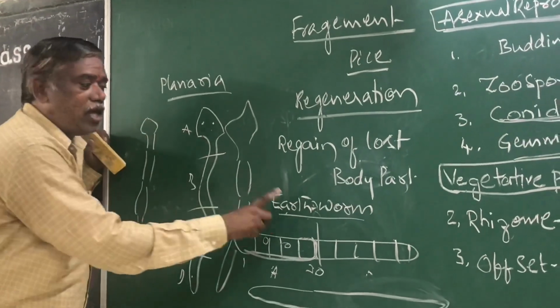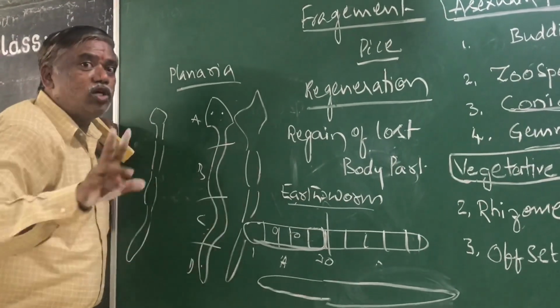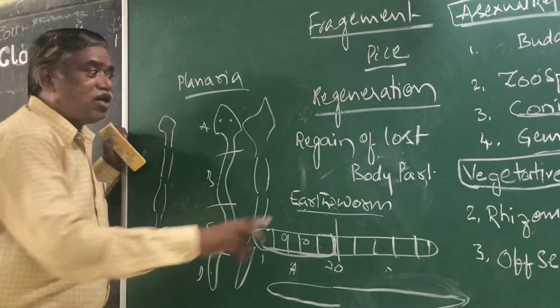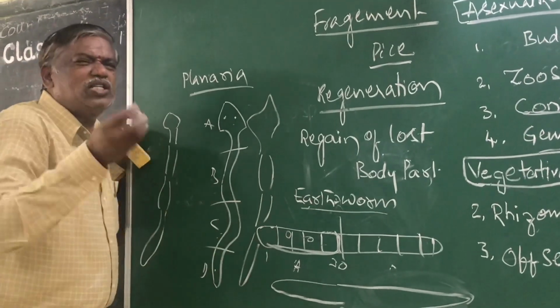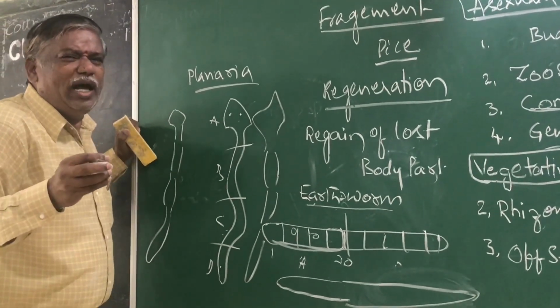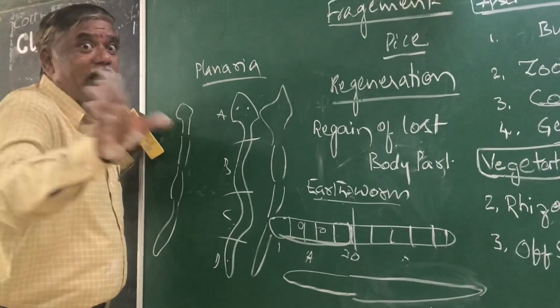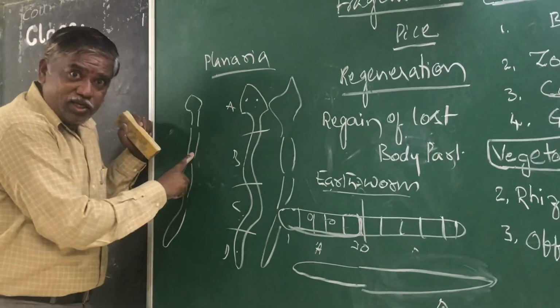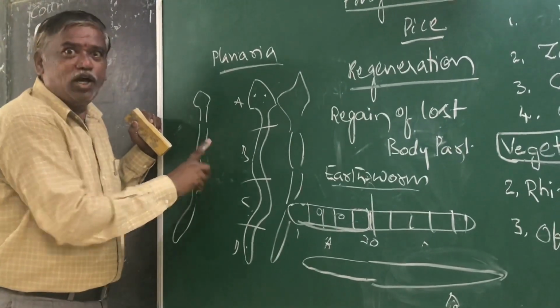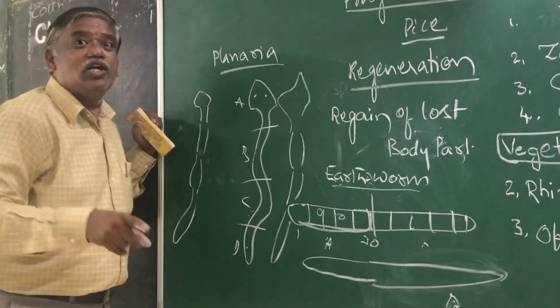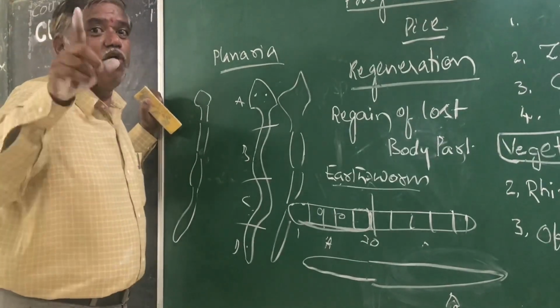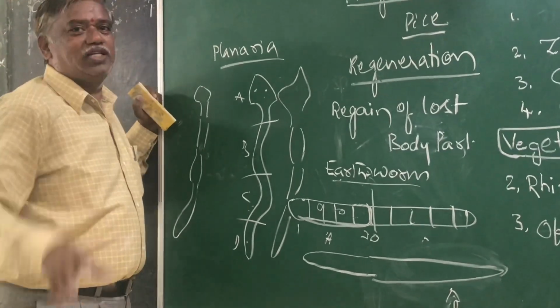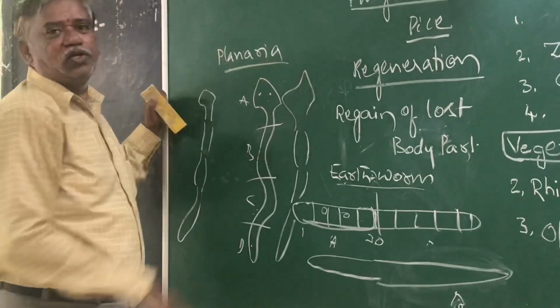Earthworm and planaria both show regeneration. But the regeneration in earthworm just helps to regain its body and is not involved in reproduction. But in planaria, regeneration is a mode of asexual reproduction called fragmentation.